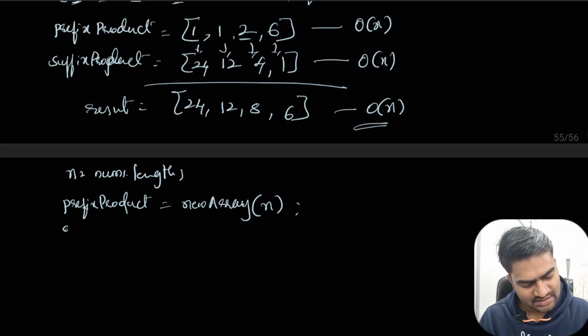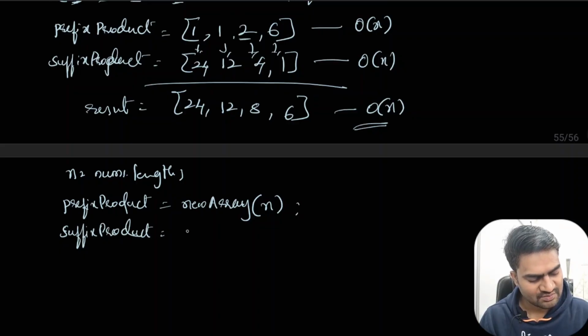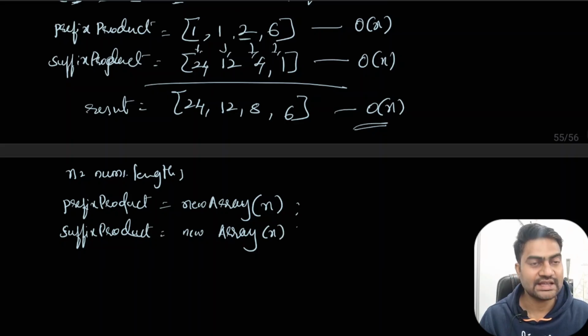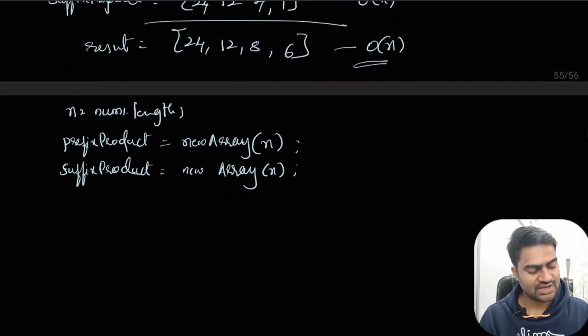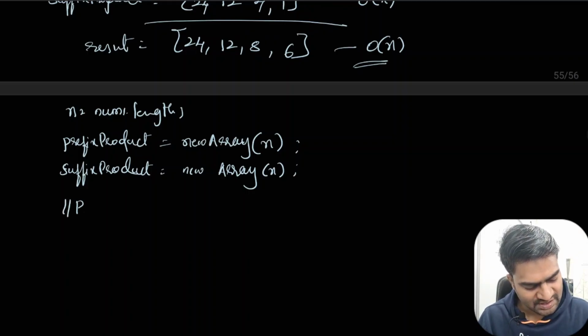Then suffix product equal to same new array of length n. Okay, now what I will do, first I want to find the prefix product.